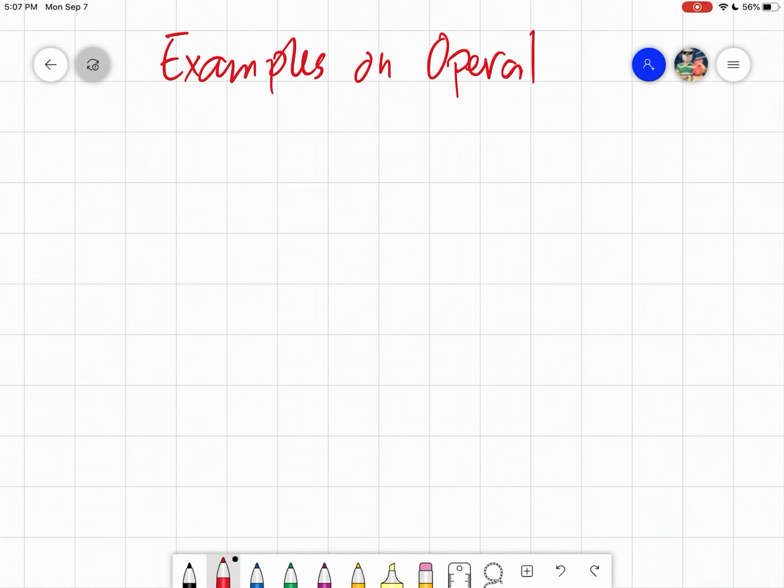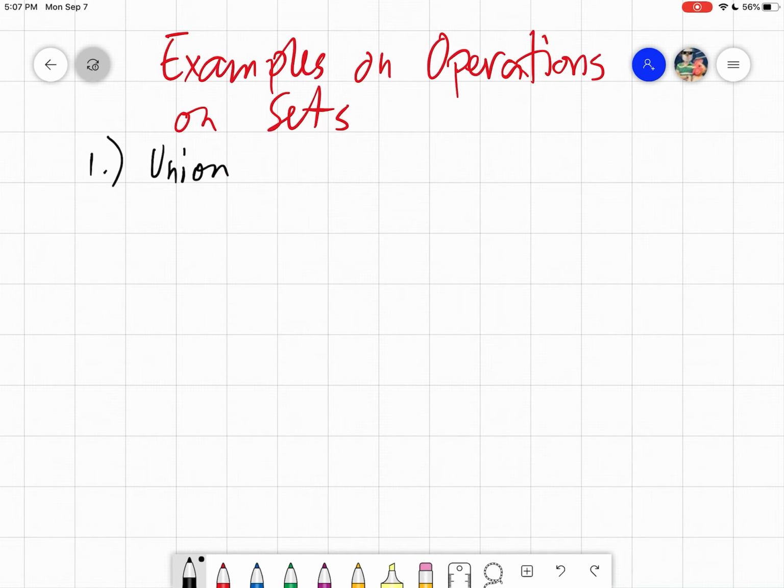Today, what we will be discussing would be examples on operations on sets. To be specific, there would be four operations that we will be discussing today. The first one is the union of sets. The second one is the intersection.